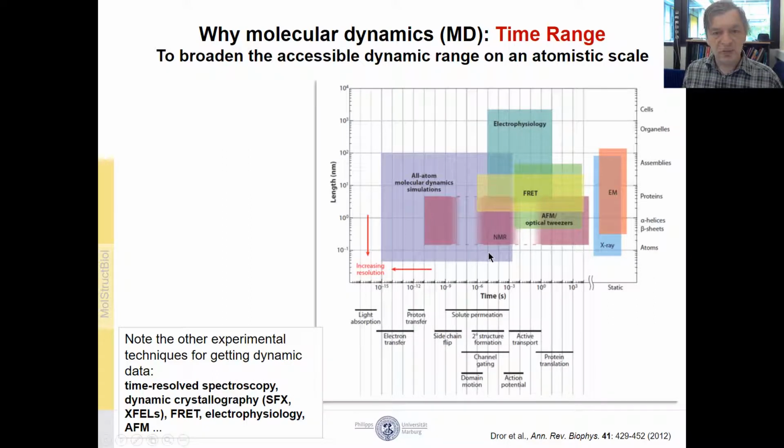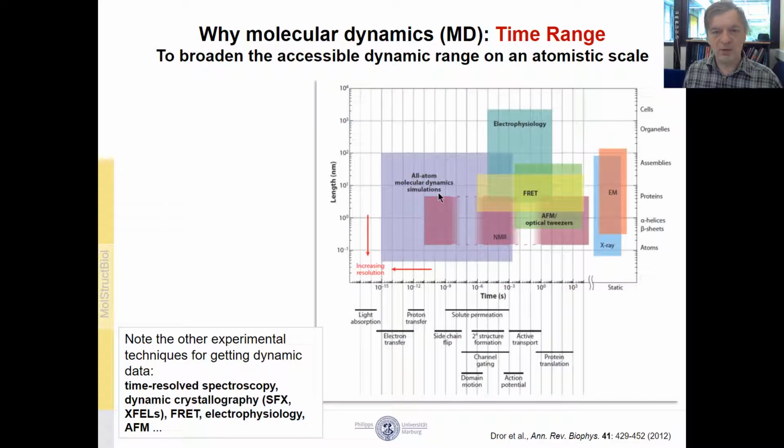But molecular dynamic simulations, at least when I talk now about all-atom molecular dynamic simulations, that means where we simulate the position of every single atom of a macromolecule, that can be done in the computer. It depends on computer speed and capacities, and it depends, of course, on a few other things as well, on the kind of assumptions that we have to make.